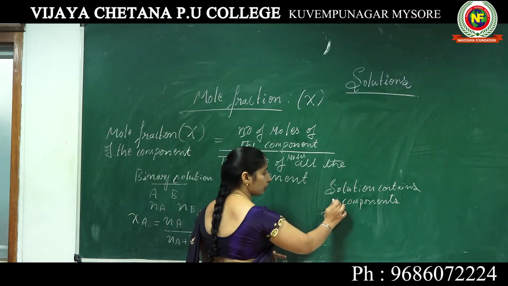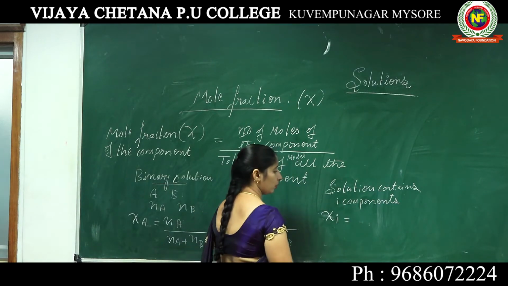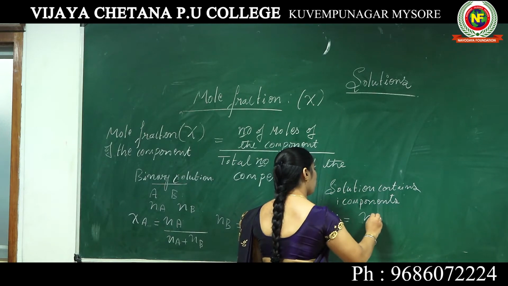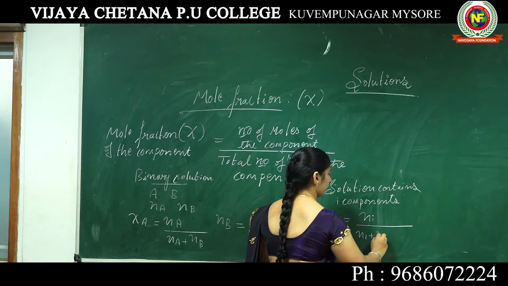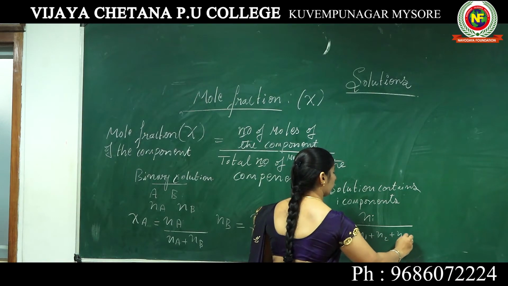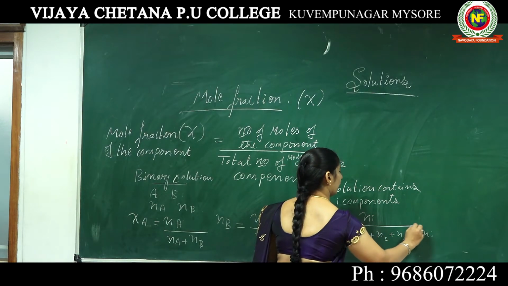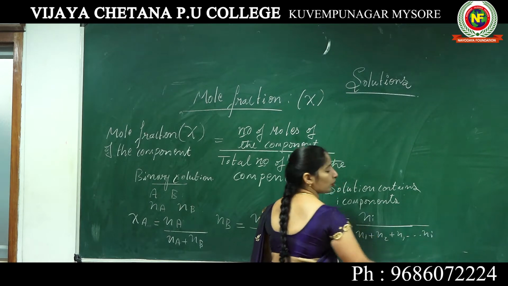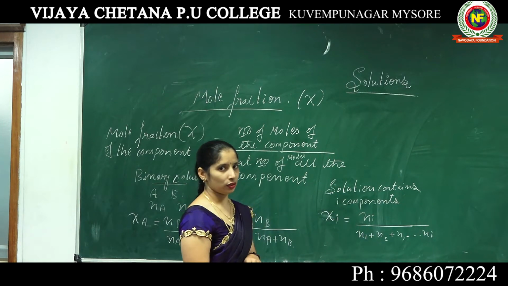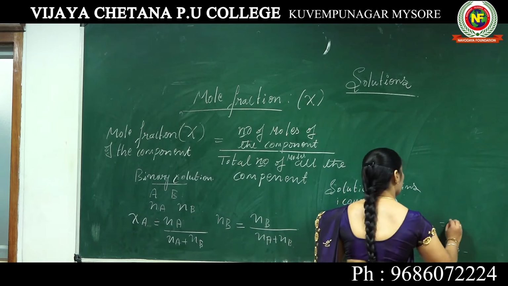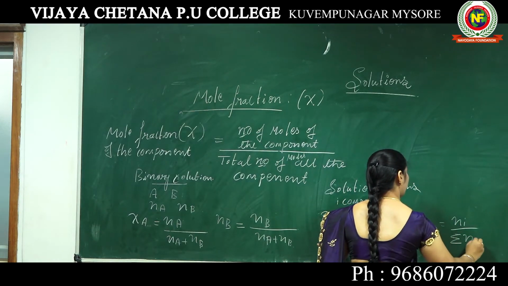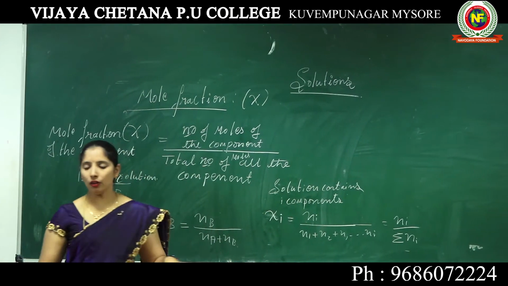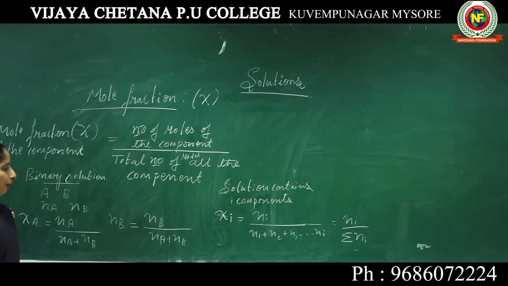The mole fraction of the i-th component equals the number of moles Ni divided by the total number of moles N1, N2, N3 and so on till Ni. We also represent it in the sigma form.